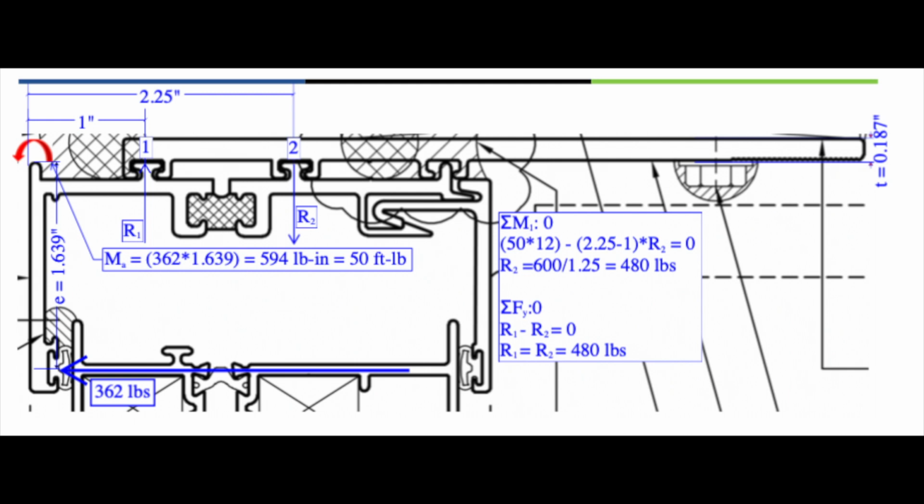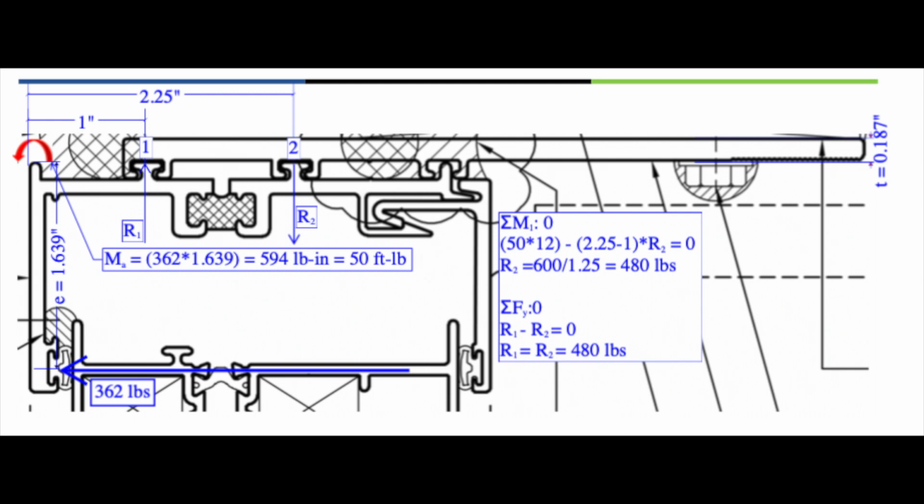So I resolved the moment about that overturning point, and then, well actually, on this one I didn't use my RISA model, I just did statics to find what my R1 and R2 were on those clips that are grabbing that head receptor. That point 1 and point 2 on that sketch, those two points are what are holding the strap to the head receptor.